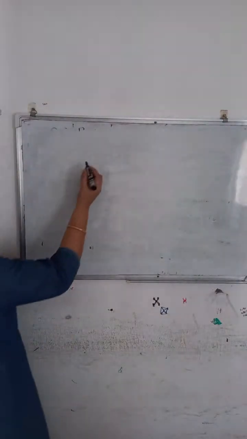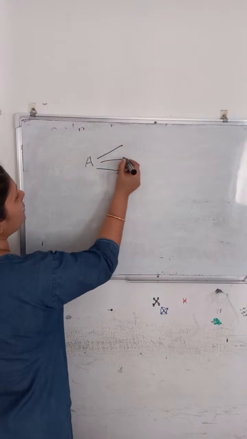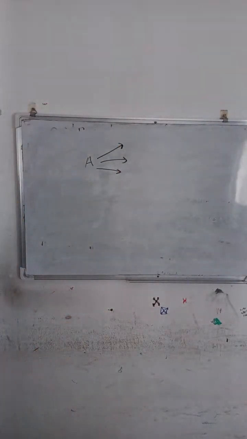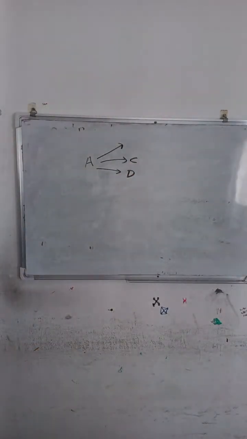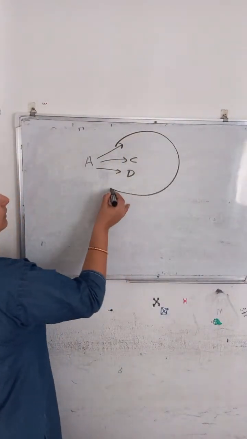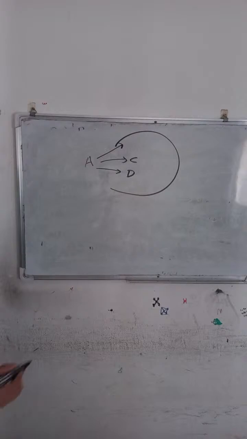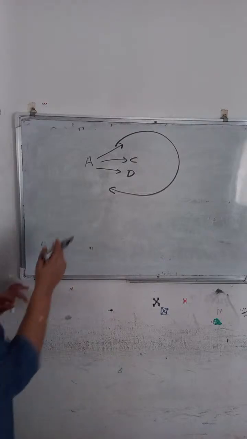Check here. This is given A and these arrows are provided here 1, 2 and 3 and the names are here C, D. This is C and this is D. Okay, and here the name is given.